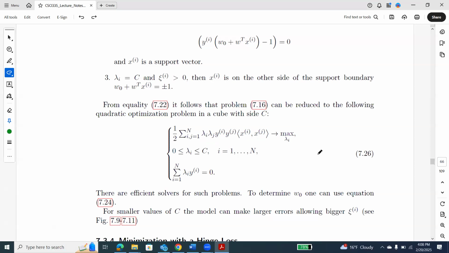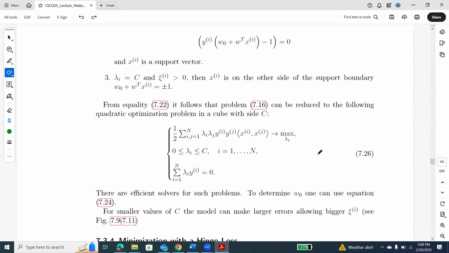The C hyperparameter is given. And we have a quadratic function with an interesting, it's still constraint optimization, but now it's a much simpler constraint. Now our lambda lies inside the cube of the side C. And this problem is easier to solve. You can just go for every face of your cube, and then you will reduce your dimensionality at least.